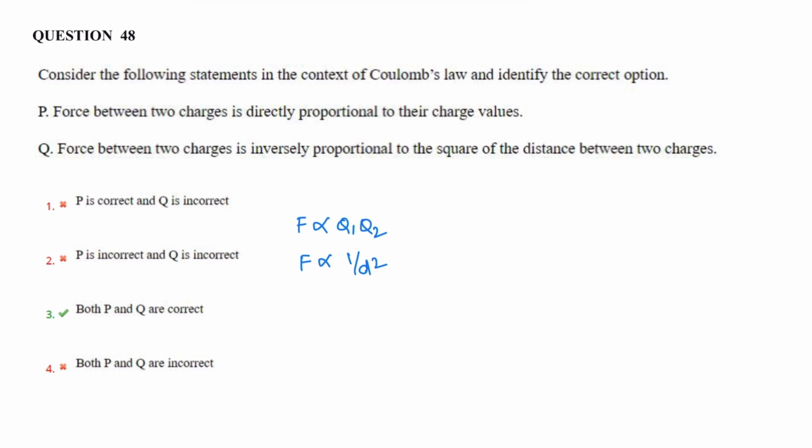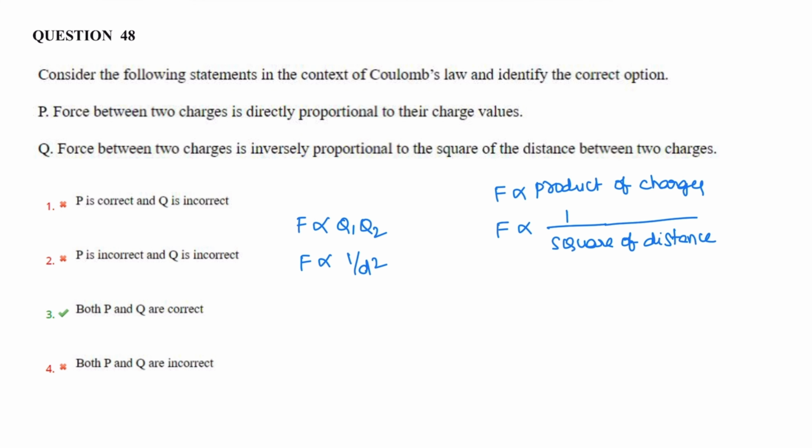There are three conditions. One, force is directly proportional to the product of charges. Two, force is inversely proportional to the square of the distance between the point charges.